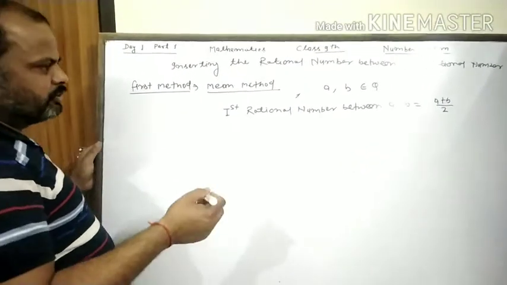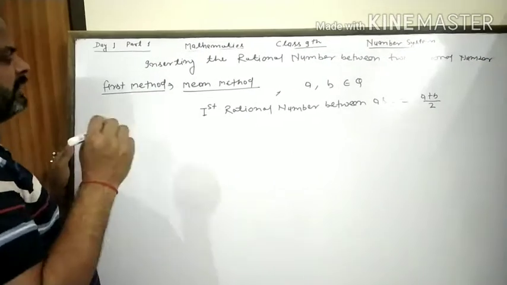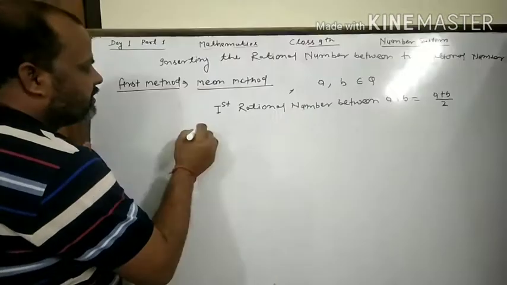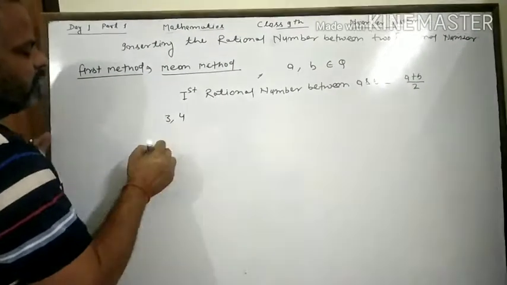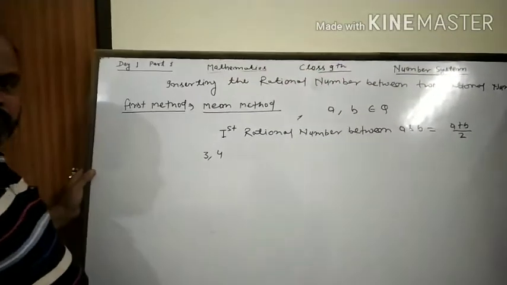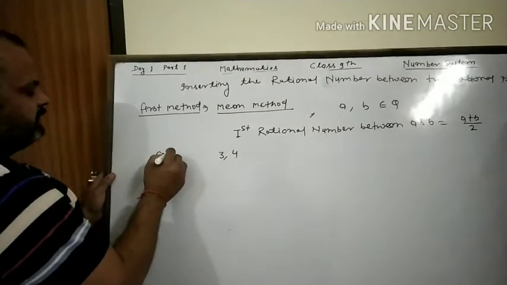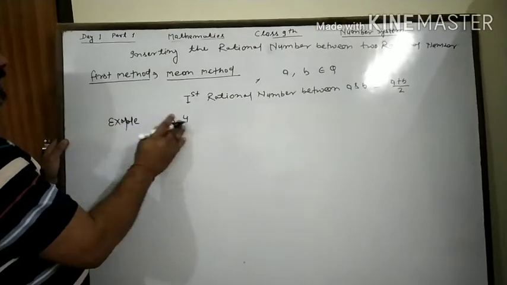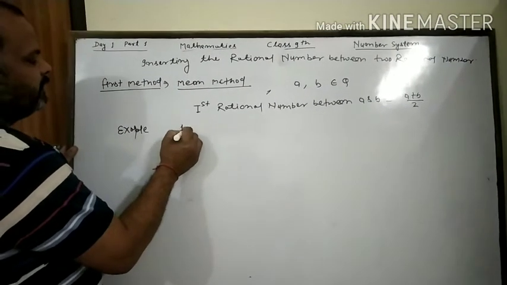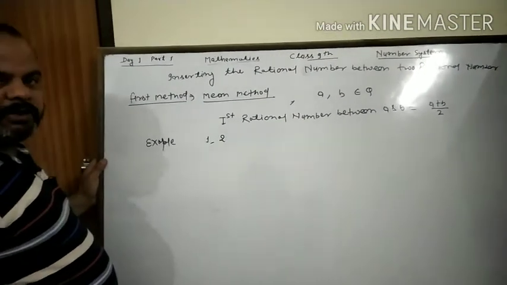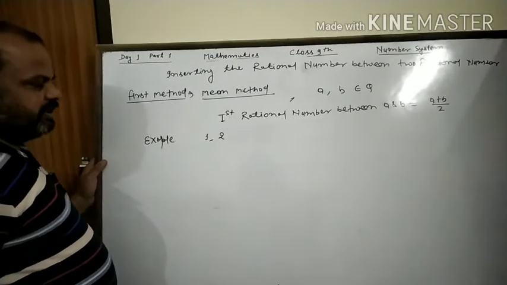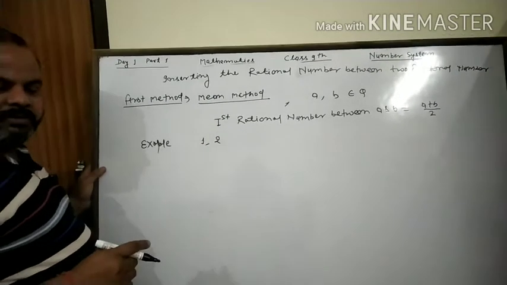Here, you also follow me. Example, suppose 1 and 2 are two rational numbers, and you insert three rational numbers between them.